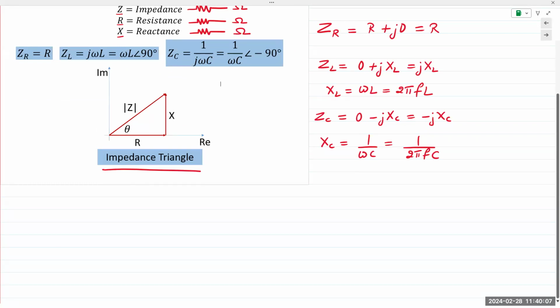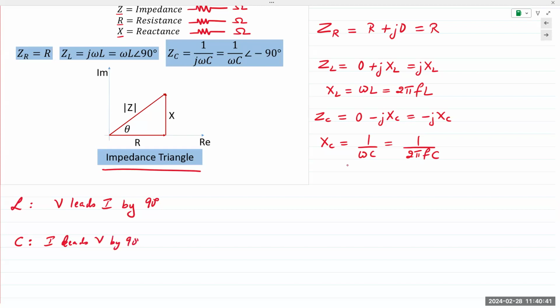Again, because it's energy transfer, there's a difference in phase of 90 degrees. So for an inductor, the voltage leads the current by 90 degrees. And it's the exact opposite for a capacitor. For a capacitor, the current leads the voltage by 90 degrees.